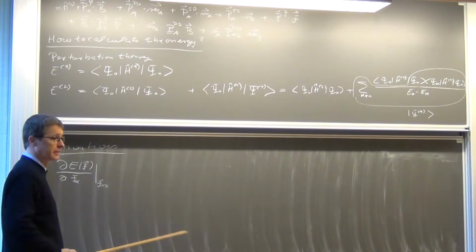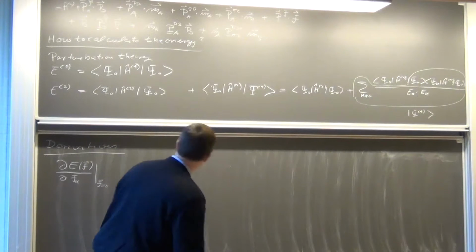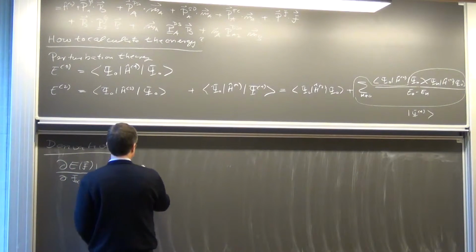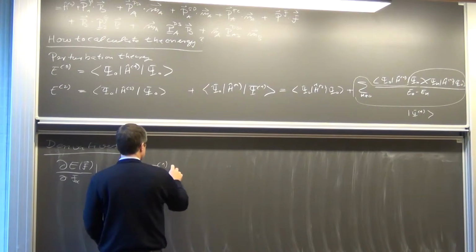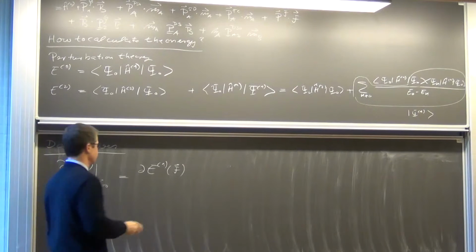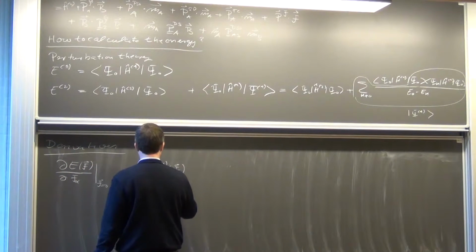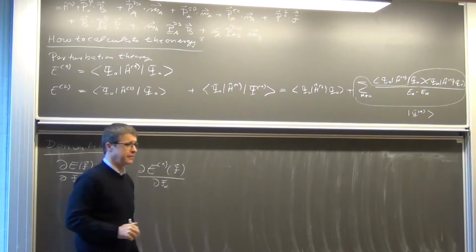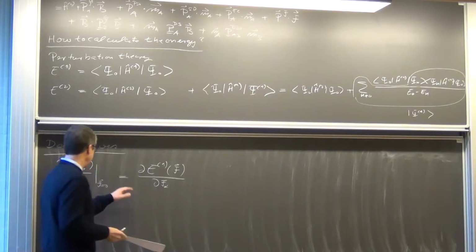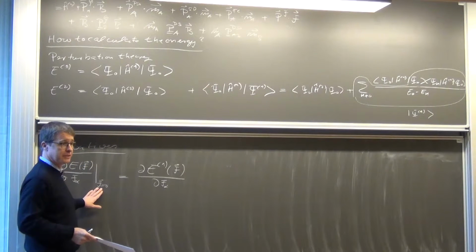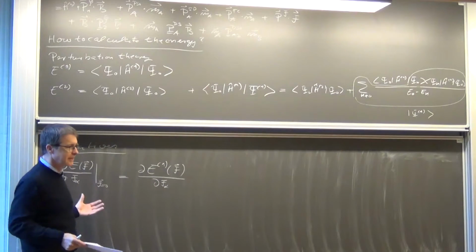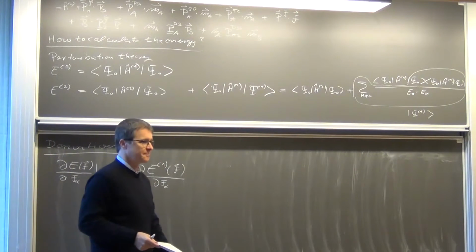That means if I take this derivative and evaluate at zero field strength, I actually only have to look at the first order correction to the energy and take the derivative of that with respect to the field. Essentially, I don't need to set the field to 0 afterwards any longer, because the first order correction is only linear in the field. If you take the derivative, they disappear.